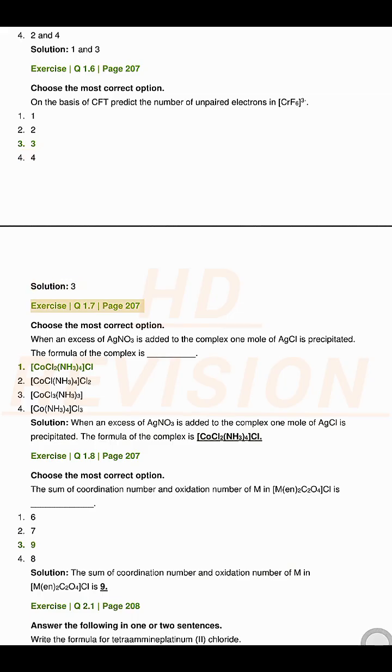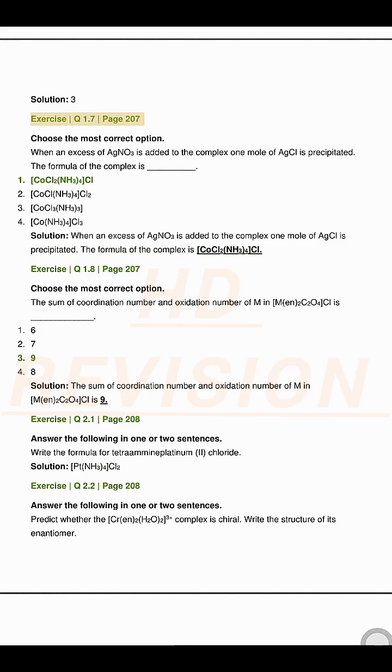Exercise Q1.7, page 207. Choose the most correct option. When an excess of AgNO3 is added to the complex, 1 mole of AgCl is precipitated. The formula of the complex is: 1. [CoCl2(NH3)4]Cl. 2. [CoCl(NH3)4]Cl2. 3. [CoCl3(NH3)3]. 4. [Co(NH3)4]Cl3.